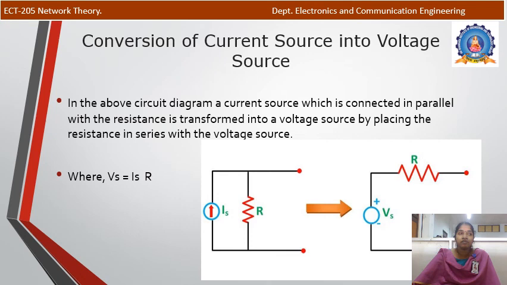So the internal resistance of a current source is considered as a parallel resistance, and the internal resistance of a voltage source is considered as a series resistance. That should be kept in mind.